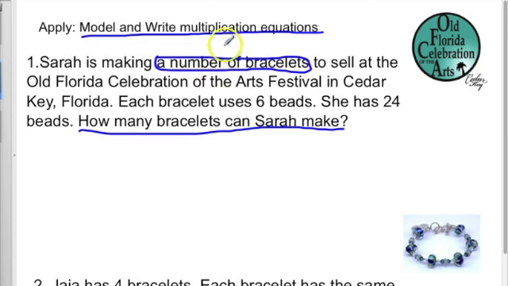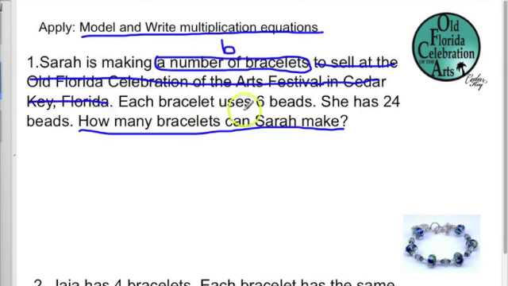And I'm going to choose a variable. Since we're talking about bracelets, I'm going to choose a variable B. So a number of bracelets to sell at the Old Florida Celebration of Arts Festival in Cedar Key, Florida. That's a mouthful, and I don't need that information, so I am going to eliminate this because I do not need it in order to solve.